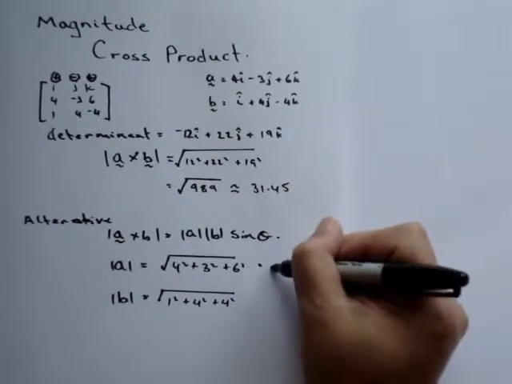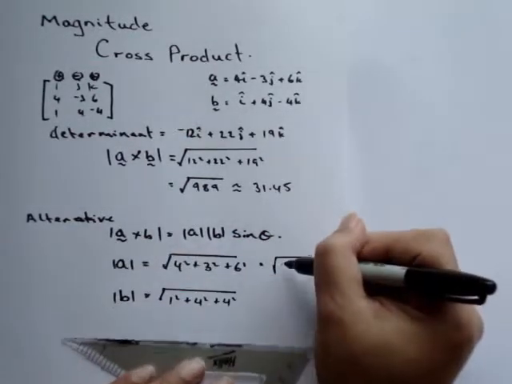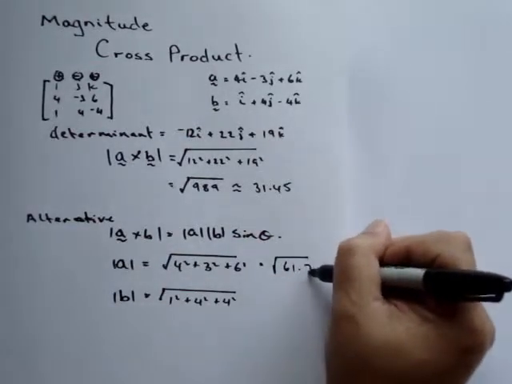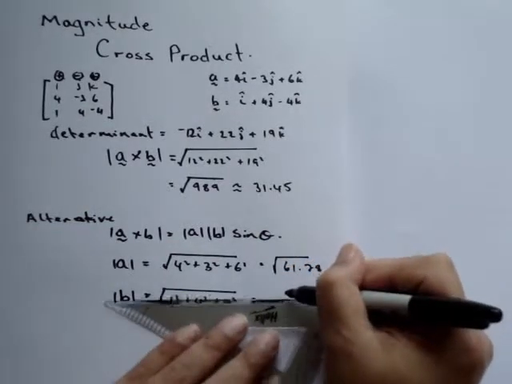This equals the square root of 61, and this one the square root of 33.